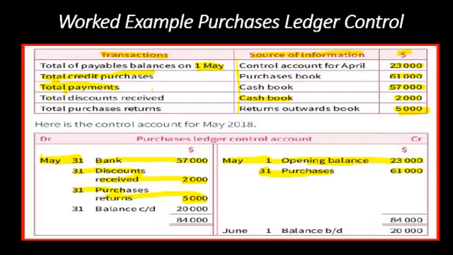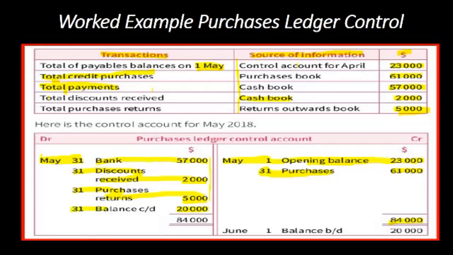We'll add here first, get 84,000. When we add this side, we'll get 57 and 2 and 5, 64. Right? We take the 84 from here minus the 64 from here, total of these three. And we get the 20 here.